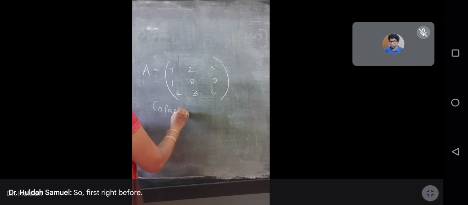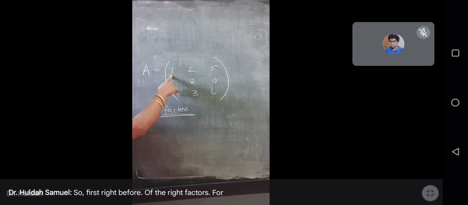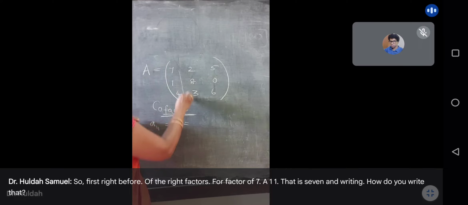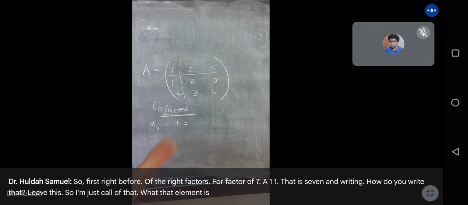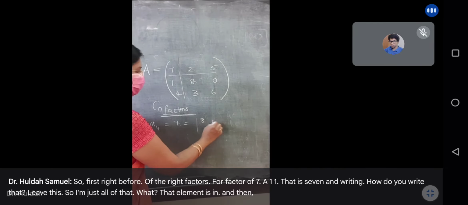So first write the cofactors. How do you write the cofactors? Cofactor of 7, that is A11. That is 7. Cofactor of 7 I'm writing. How do you write that? So leave this row and this column, and then take the other elements, 0, 3, 6.